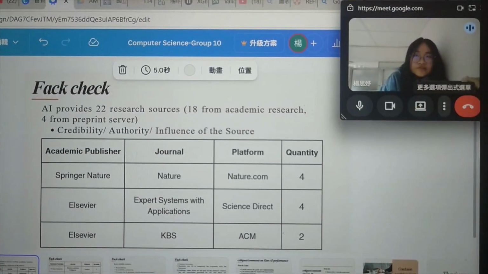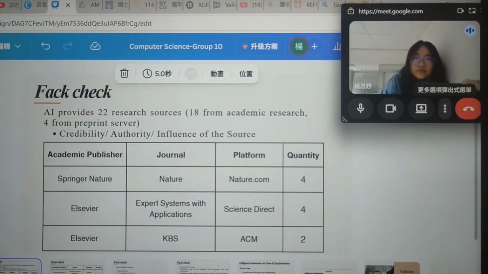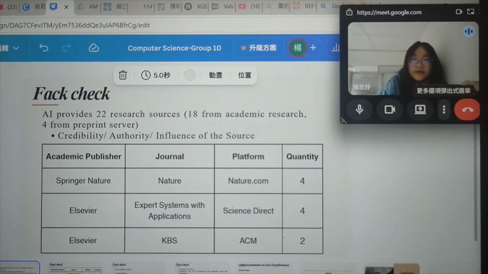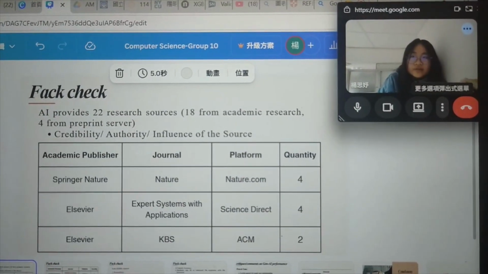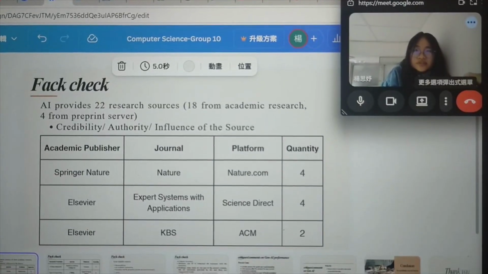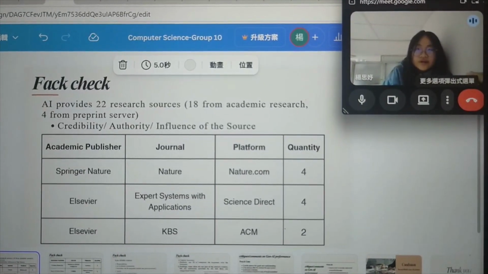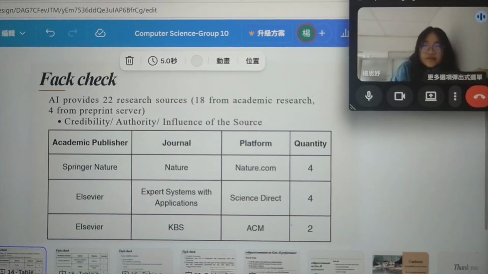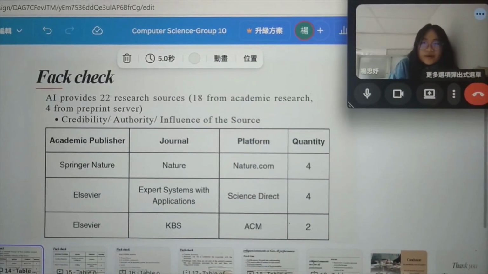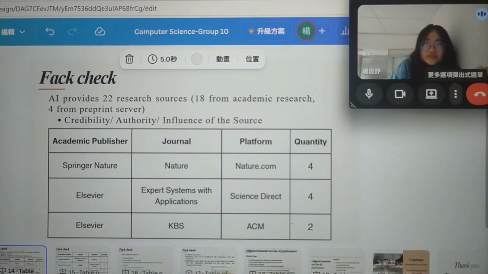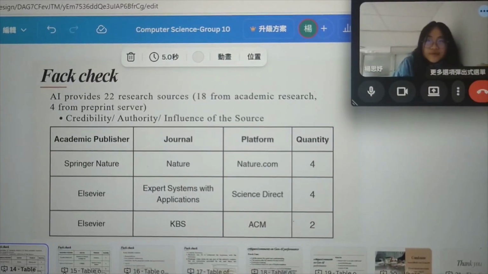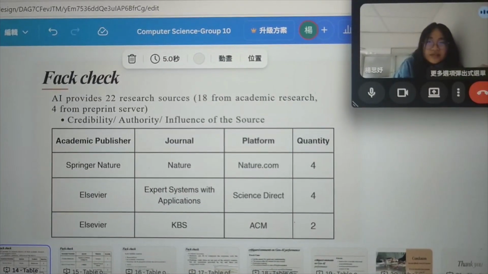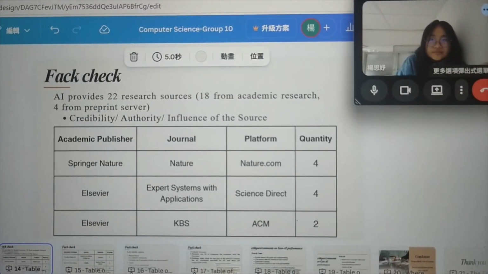AI gave us a total of 22 references, and my goal is to check the reliability of the sources and the accuracy of the content. First, to evaluate the credibility, I divided these materials into two groups: higher credibility and lower credibility.